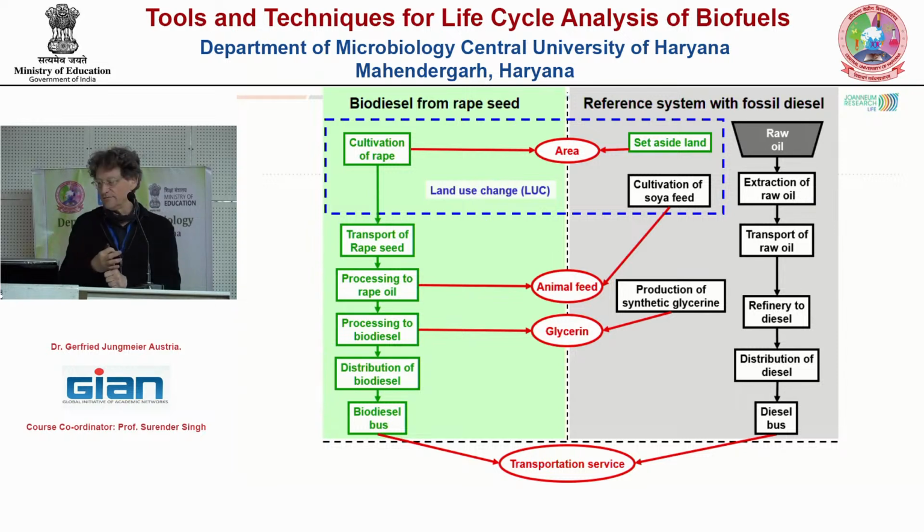The same amount of animal feed with the same nutrition content, and the same amount of glycerin with the same quality, with the same pureness, and transportation service, of course, a certain distance, the same, and of course also on the area, the same amount of area being used on both sides. So this is a way to control if your system boundary and setting up of the system is really in line, and for the calculation you need the same on both sides to have an equilibrium. That's the way you can read it.